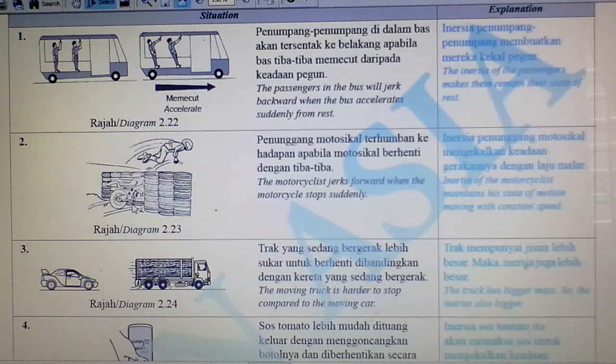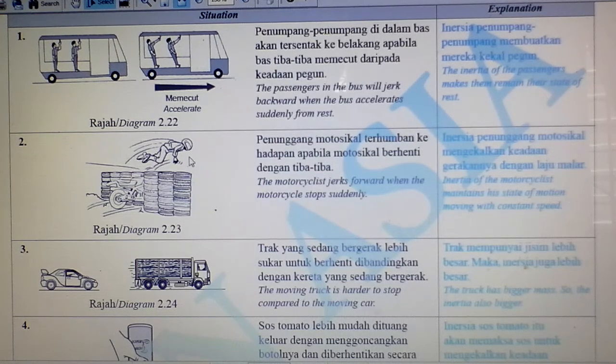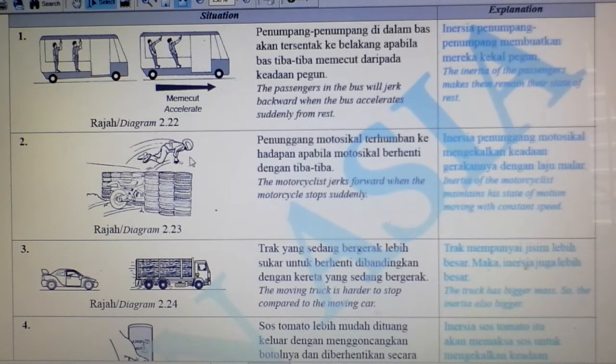Suddenly, when the motorcycle stops, inertia of his body still moving forward or maintains the motion forward. That's the reason why the motorcyclist is thrown forward or jerks forward.